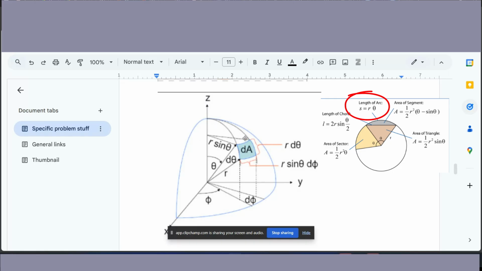So imagine this is a circle going around here. Its radius is r sine theta, because this is r, and this is the longest side of the triangle. This is theta, and the opposite side of that angle is r sine theta, by the definition of sine.